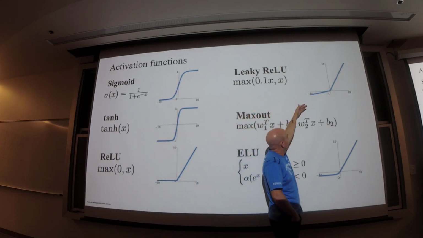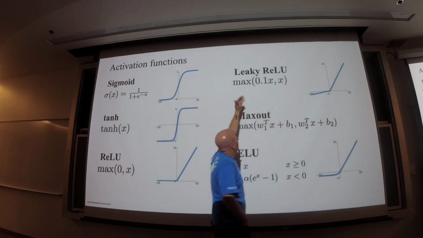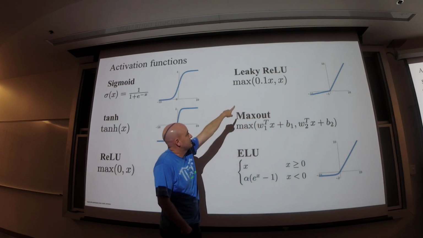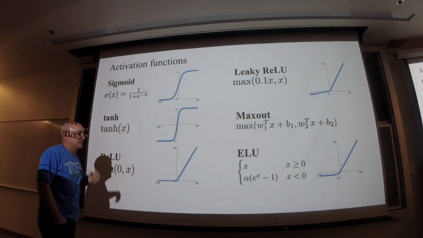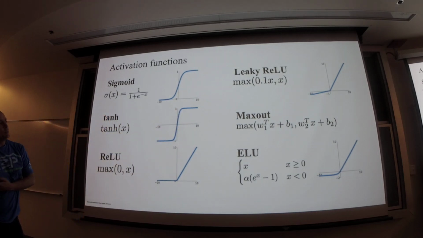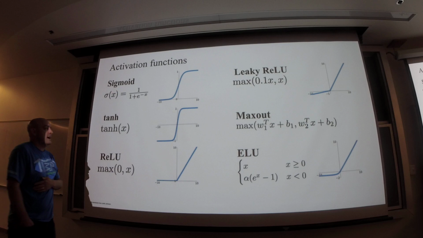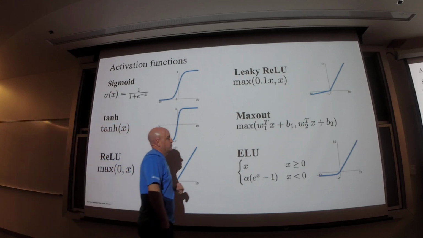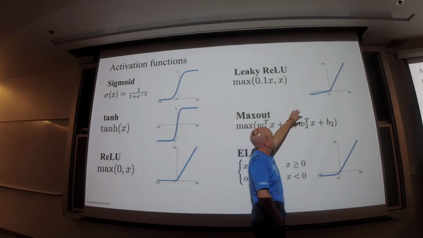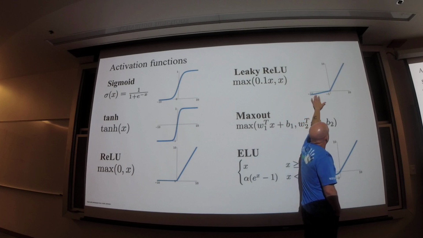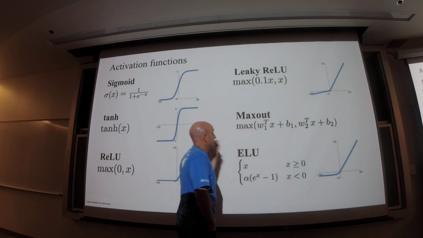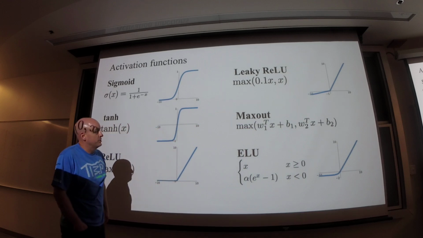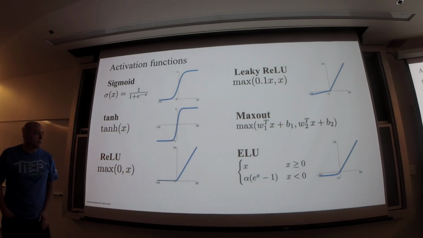In this case it's 0.1. There are many Leaky ReLUs, for any constant you put in front of the x, not just 0.1, but something between 0 and 1. We'll talk about it more in a second, but the fact that you have some non-zero gradient, some derivative here, is possibly useful when training neural networks, because you'll have a gradient.